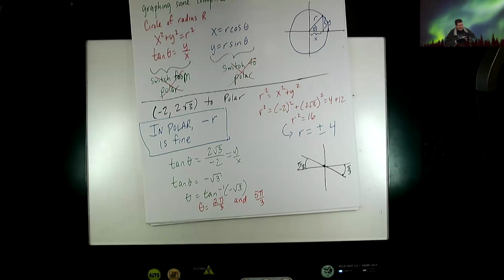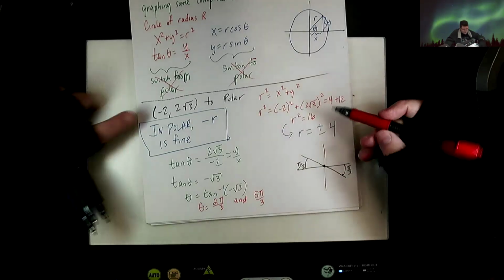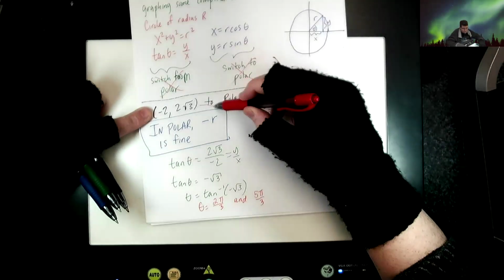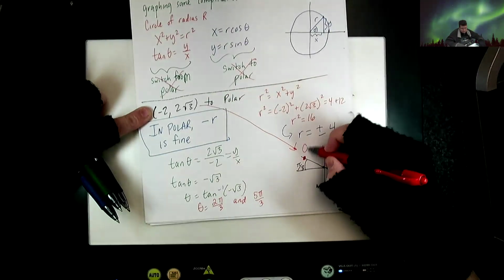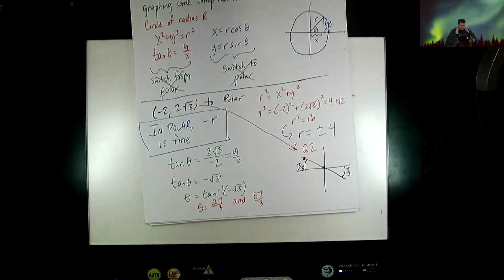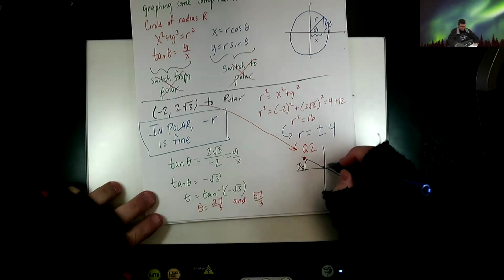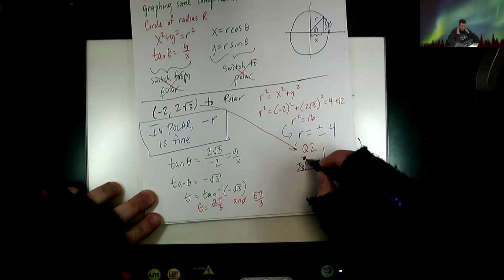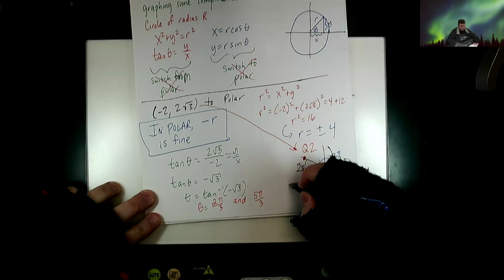But which one are we actually at? X equals -2 and 2√3 is in quadrant 2. So to write this in polar, I can either do theta is 2 pi over 3 and r is +4.